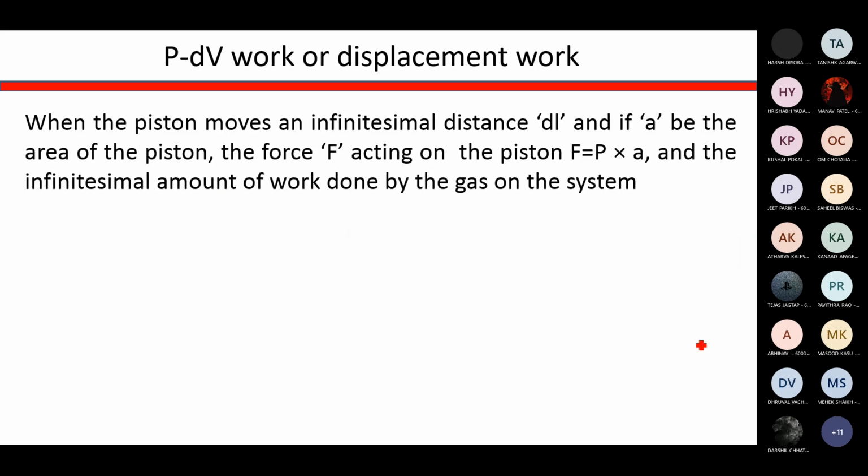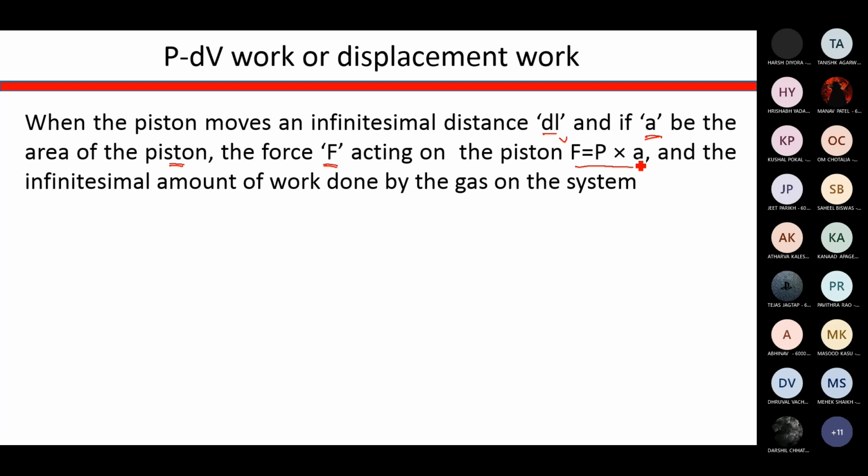So when the piston moves an infinitesimal distance dl, in the previous diagram I'm talking about, and if small a is the area of the piston, then the force F acting on the piston will simply be given as force equals pressure into area on which it acts.